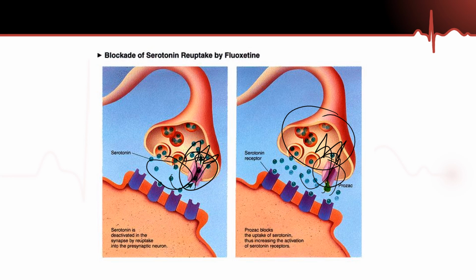Everything I just went through with you are all possibilities as to what would cause this neuron to not generate these electrical impulses, called action potentials. It could be any one of those things, or it could be a combination of those things. It's got to be something obviously related to serotonin.